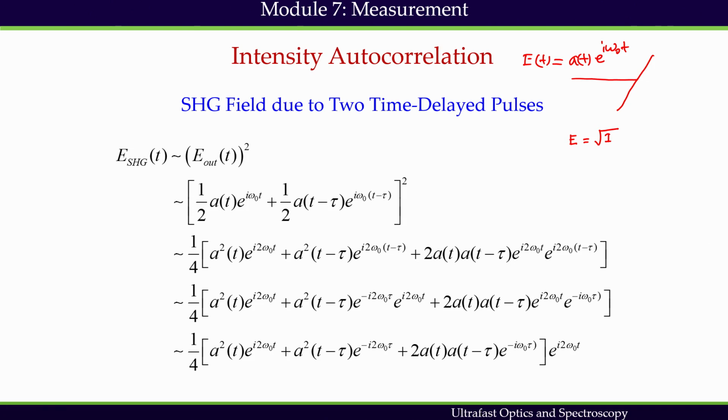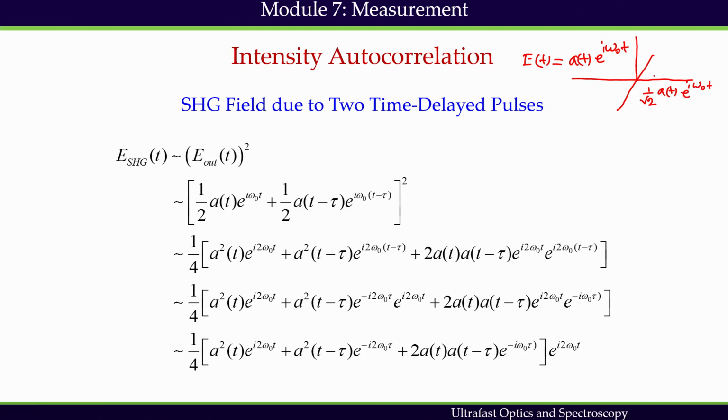And that's why the reflected beam and transmitted beam can be represented as 1 by square root 2 AT e to the power I omega naught t.